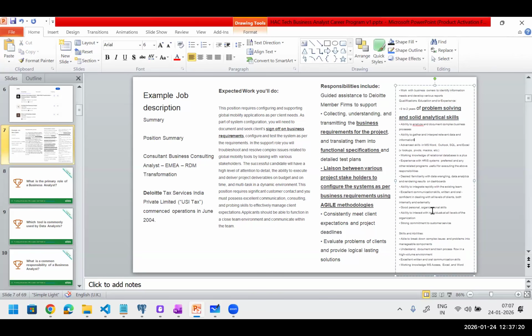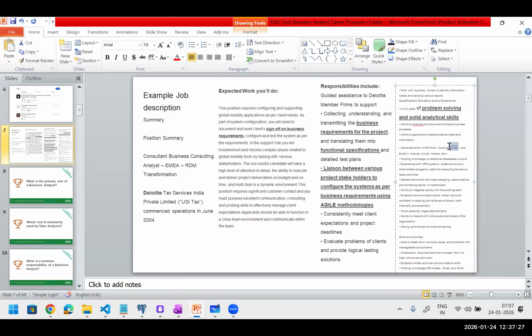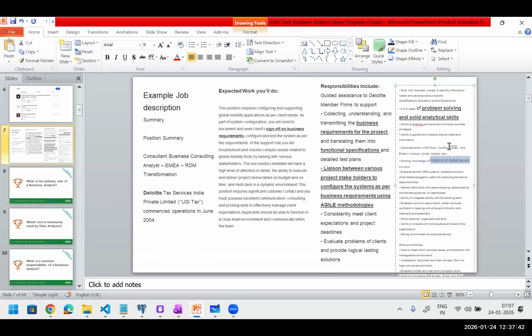They have mentioned a lot of abilities, but see this: SQL. They are looking for SQL, and MS Word, which are common communication tools, and working knowledge of relational databases. This is what we are going to cover also, right?